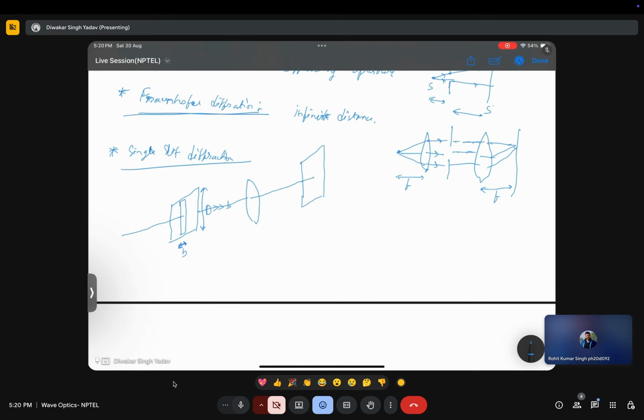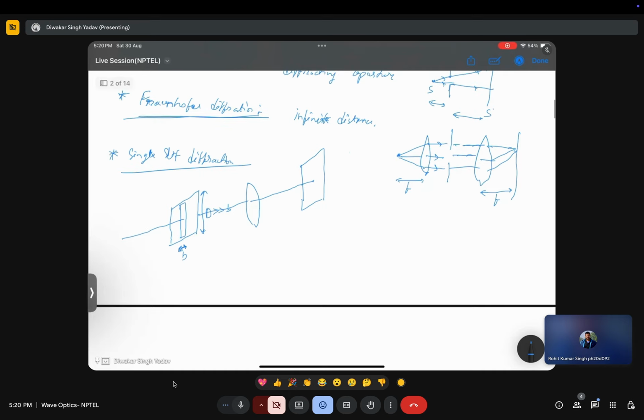Now in which direction should you get the diffraction pattern? Like this or like this? Any intuition? Along the length of the slit? So you're saying this?